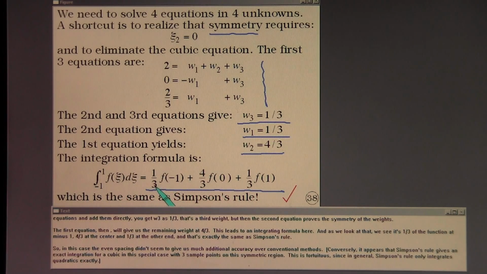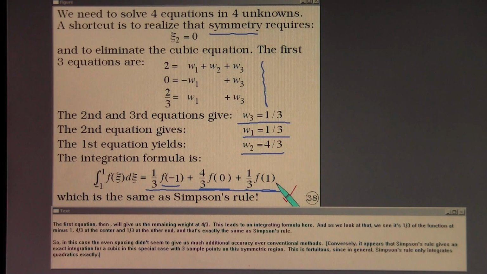And as we look at that, we see it's a third of the function at -1, 4/3 at the center, and 1/3 at the other end. And that's exactly the same as Simpson's rule. So in this case, the even spacing didn't seem to give us much additional accuracy over conventional methods.